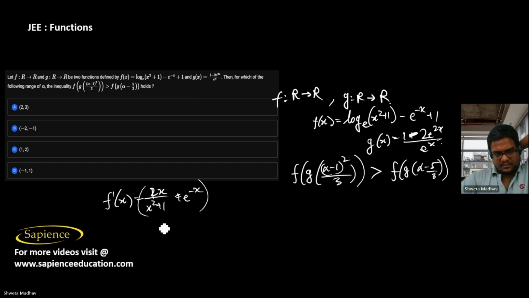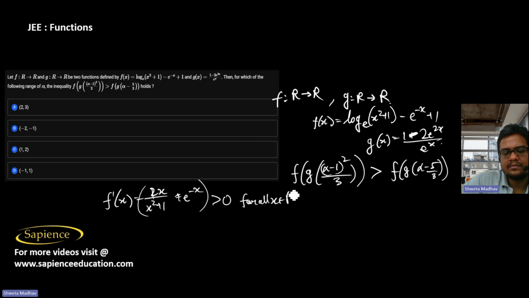So this value will be always greater than 0 for all x belongs to R. So therefore we can say that the function f of x is an increasing function.